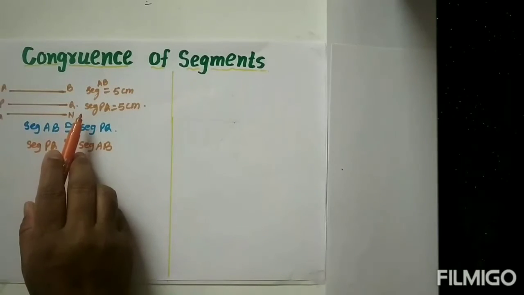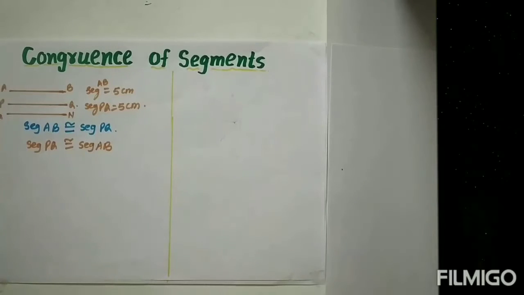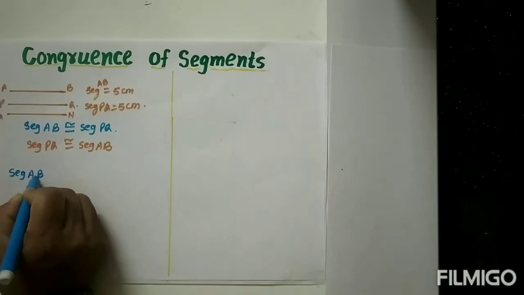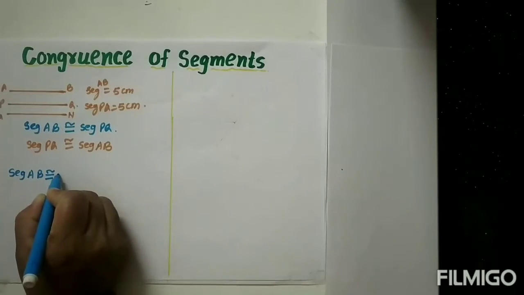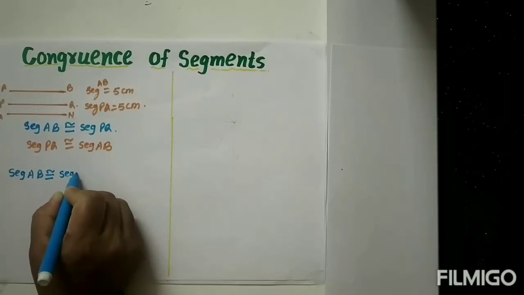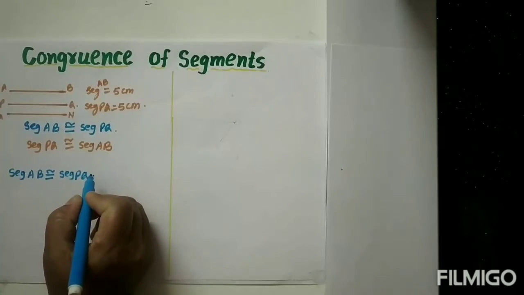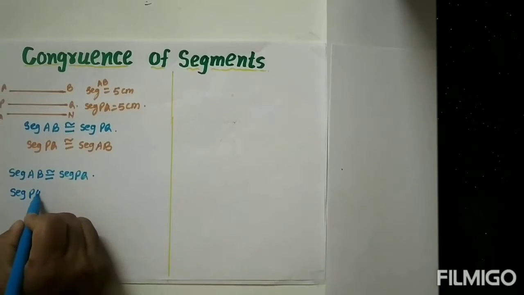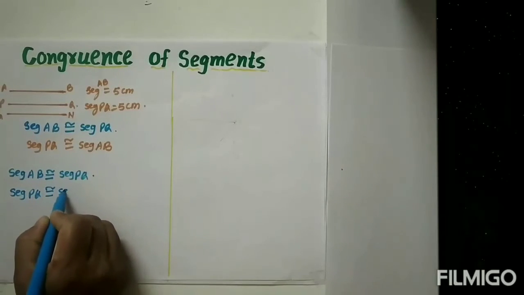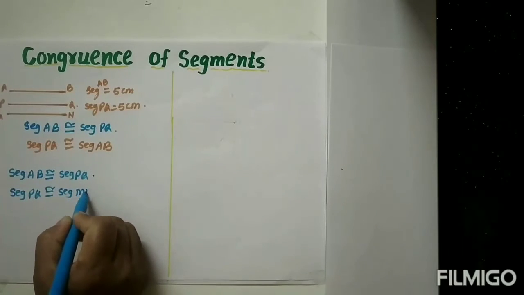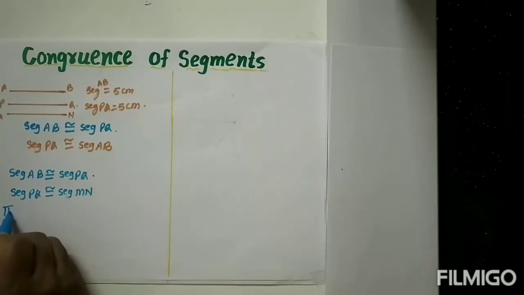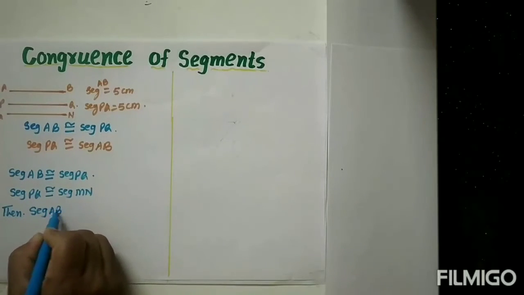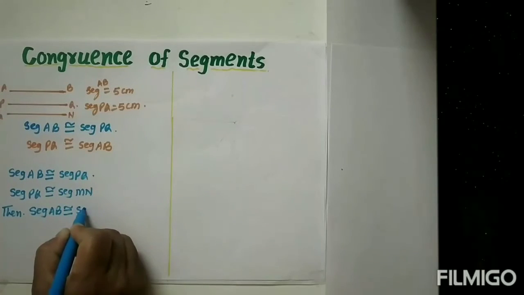If segment AB is congruent to segment PQ, and segment PQ is congruent to segment MN, then we can say that segment AB is congruent to segment MN.